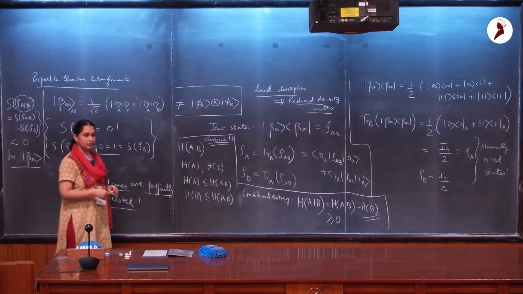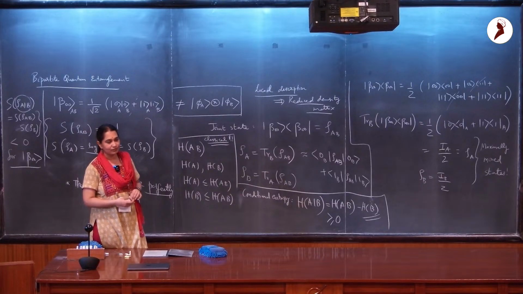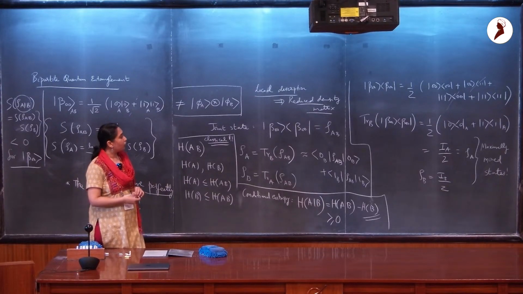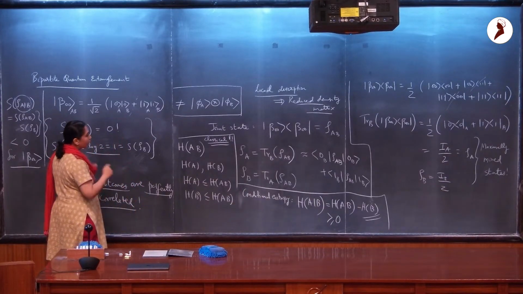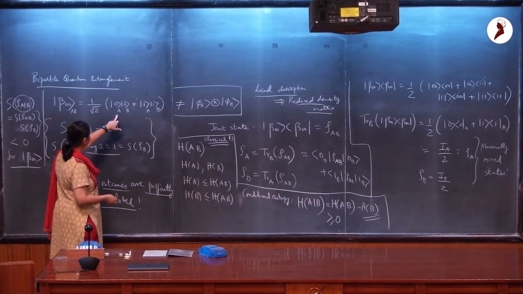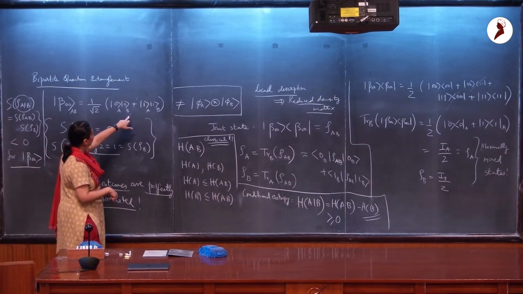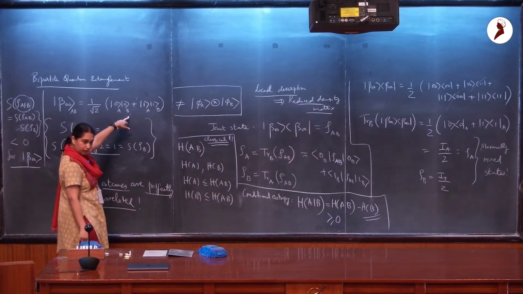Is it due to the fact that if we know the state of A, we can easily guess what is the state of B in this entangled state? So the correlation part comes in later. What you're saying is, if I measure A and I know A, then I know what outcome I should get in B. That is true, right?